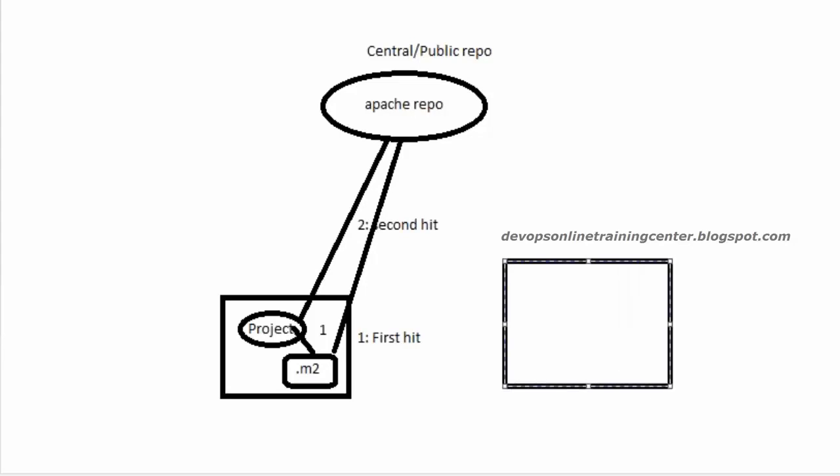Assume he is developer A, and he is developer B. Of course he set up Maven, and he has the local repository, which is a .m2 folder. Next, he has a project.